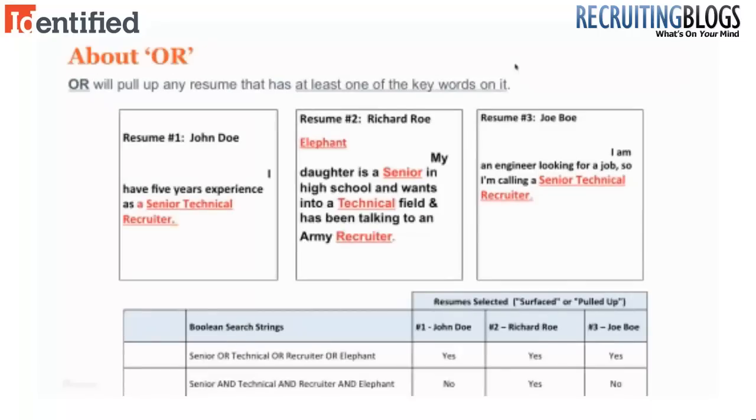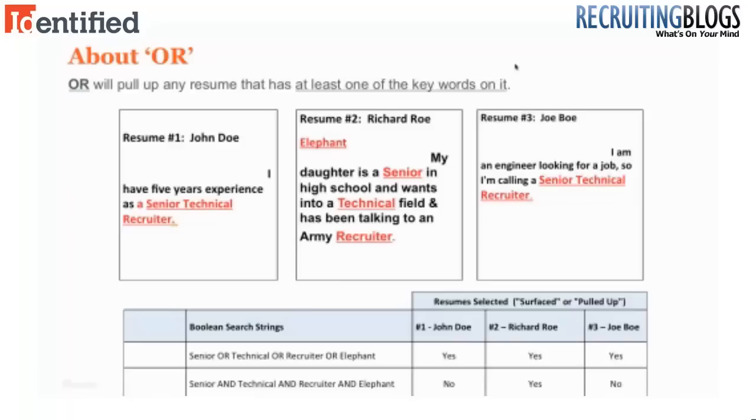OR just means that if you OR words together, just one or more of those words have to appear anywhere on the resume in order to be pulled up, or again, in fishing terms, brought to the surface and pulled up out of a database. Under Boolean strings at the bottom there, you've got senior or technical or recruiter or elephant.